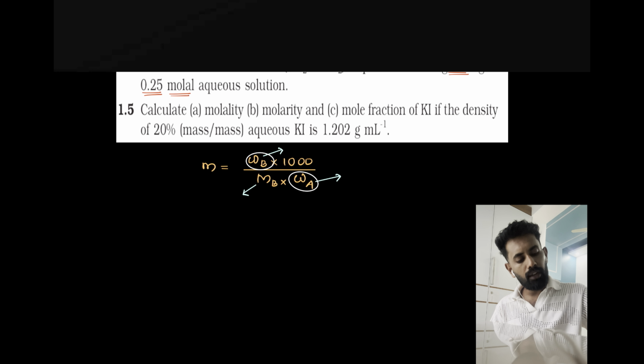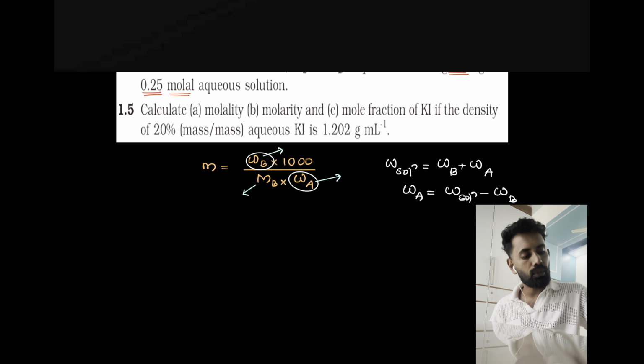So in order to get the mass of solvent, you can simply write that mass of solution is equal to mass of solute plus mass of solvent. So mass of solvent equals mass of solution minus mass of solute, right?